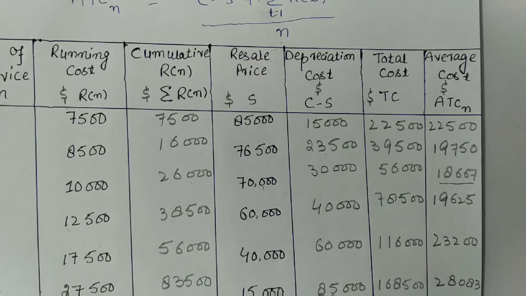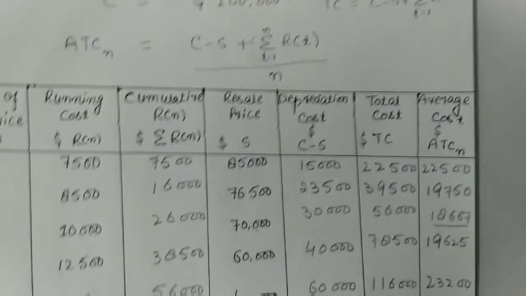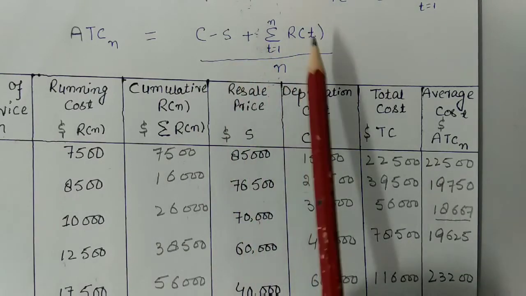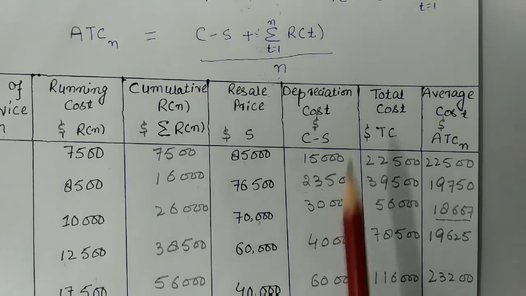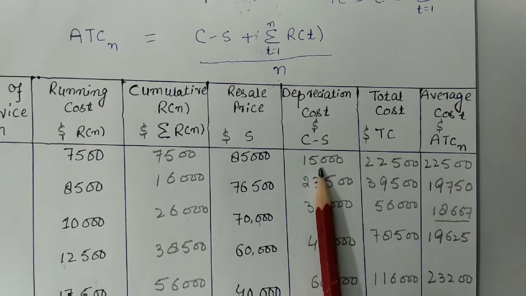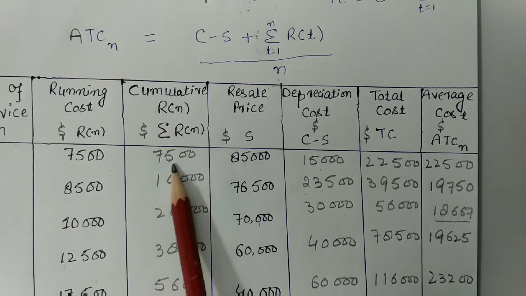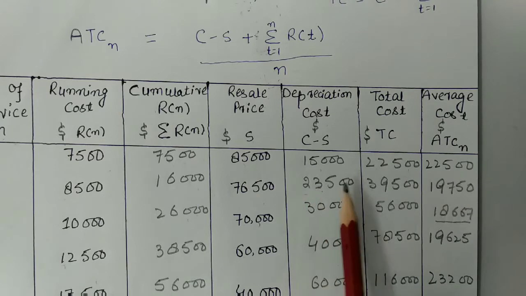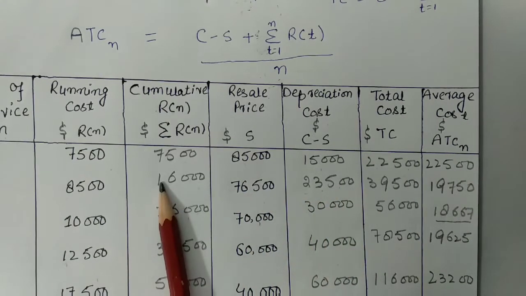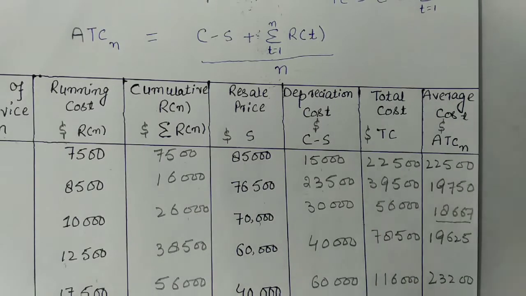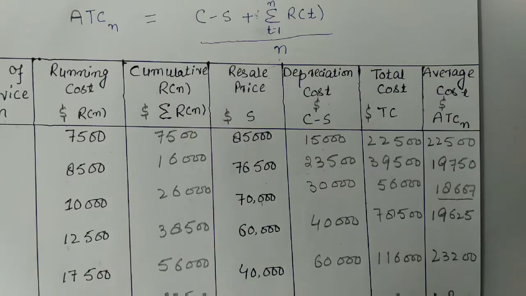Now to find the total cost: total cost is equal to C minus S plus cumulative running cost, that is, depreciation cost plus cumulative running cost. So 15,000 plus 7,500 becomes 22,500. Then 23,500 plus the cumulative running cost becomes 39,500, and so on. After that, I will find the average cost. Average cost is total cost divided by n.